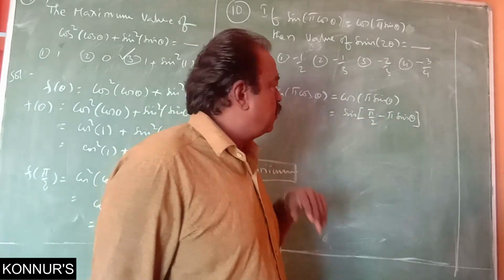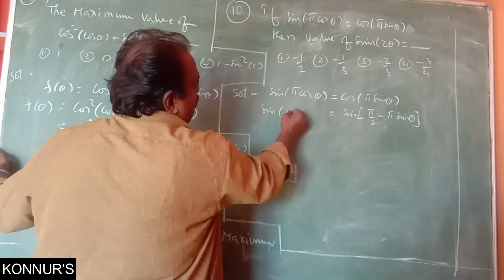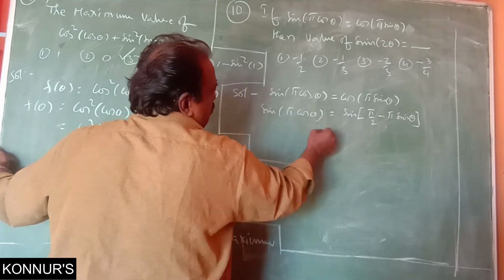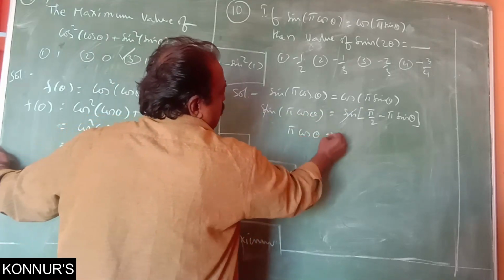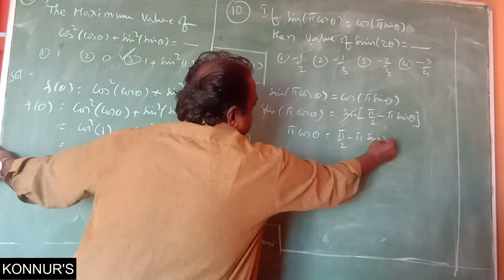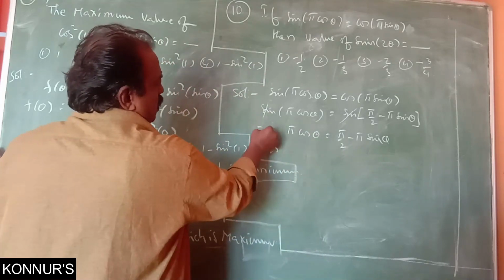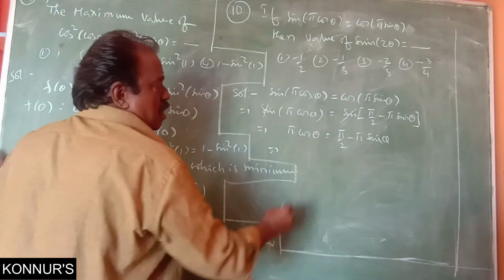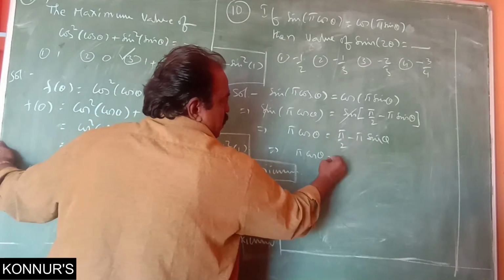90 means pi by 2. So here in the LHS it is sine of pi cos theta. Sine cancels, we get pi cos theta is equal to pi by 2 minus pi sin theta. You see, observe me, I am sending the minus pi sin theta to this side.